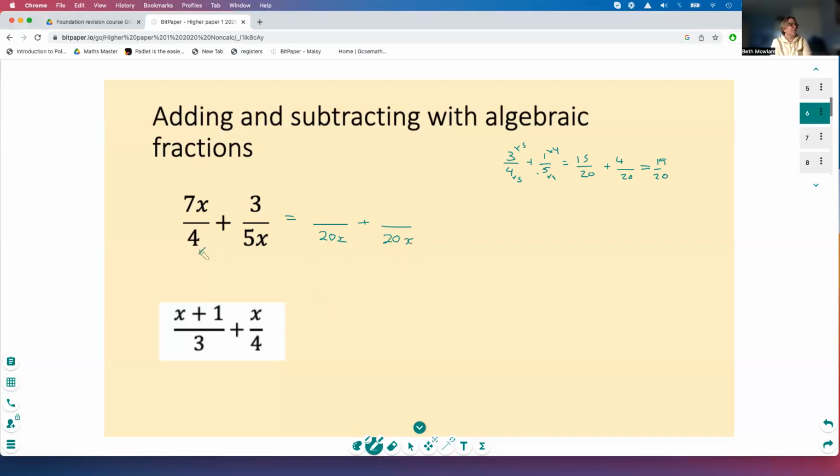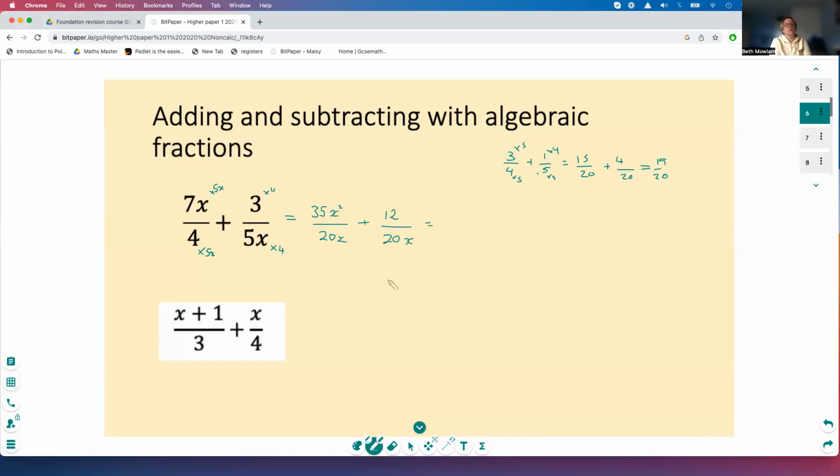So I've times the 4 by 5x, which means I've got to times the 7x by 5x. So 7x times 5x is 35x squared: 7 times 5 is 35, x times x is x squared. I've times the 5x by 4 to get 20x, so I must times the 3 by 4, which gives me 12.